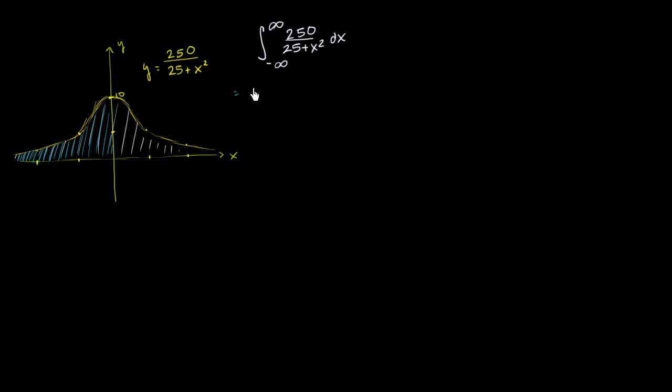So we'll say that this is equal to the improper integral that goes from negative infinity to 0 of 250 over 25 plus x squared dx plus the improper integral that goes from 0 to positive infinity of 250 over 25 plus x squared dx.